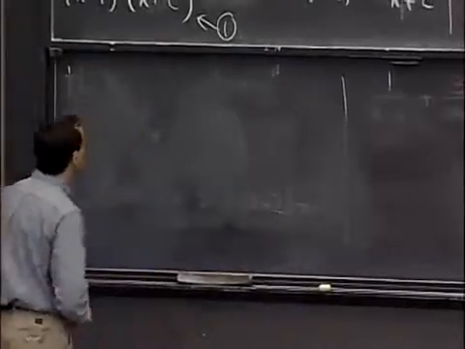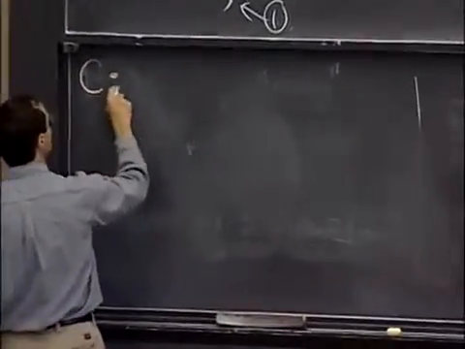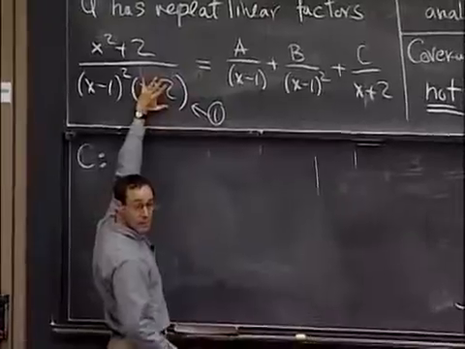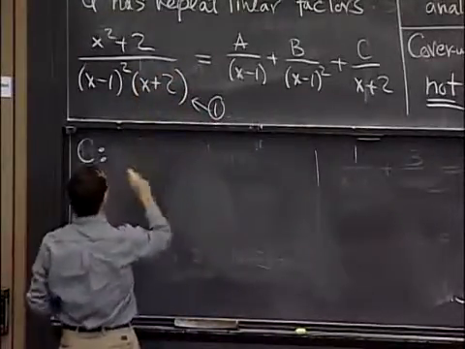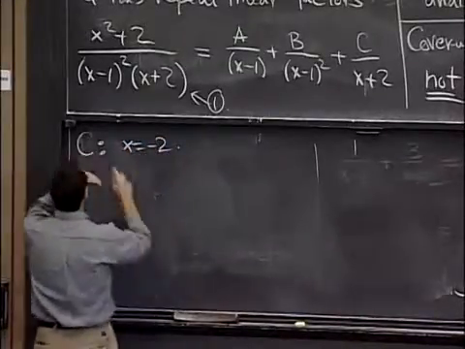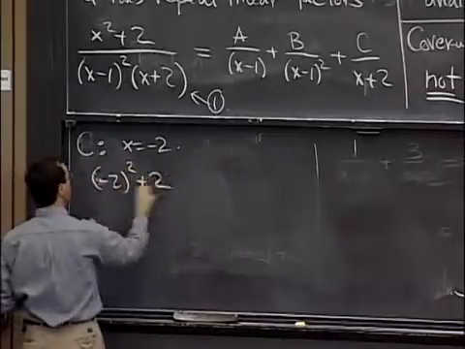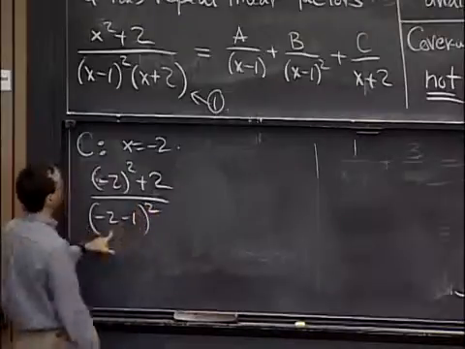First of all, I'm going to do the ordinary cover-up with c. So for c, I just want to do the same old thing that I did before. I cover up this, and that's going to get rid of all of the junk except for the c term. So I have to plug in x equals -2, and I get minus 2 squared plus 2 in the numerator, and I get minus 2 minus 1, the quantity squared, in the denominator.